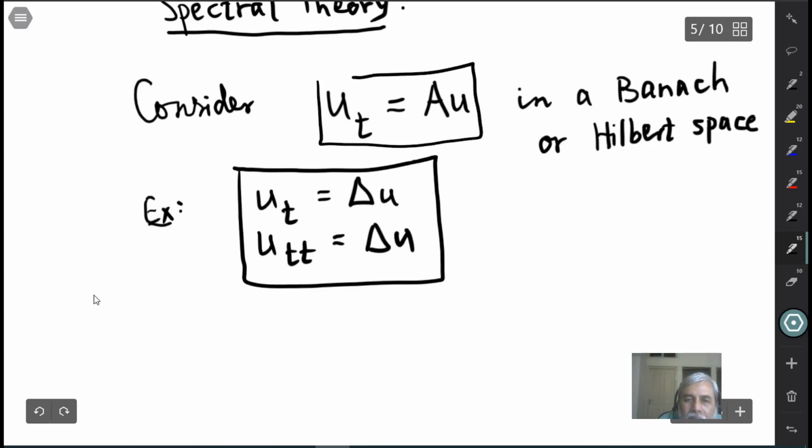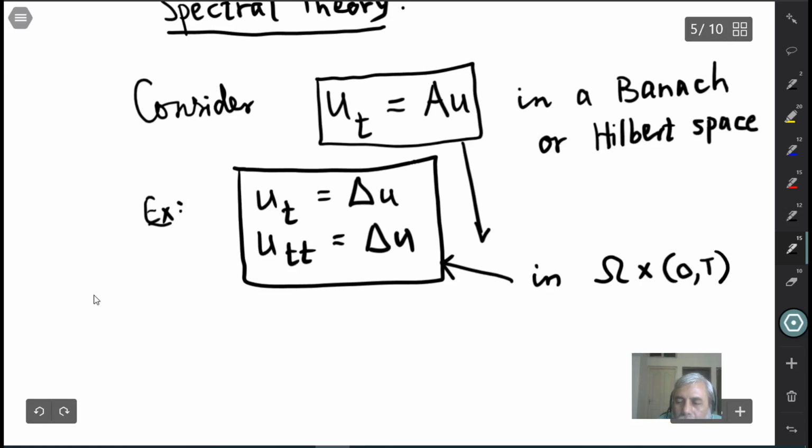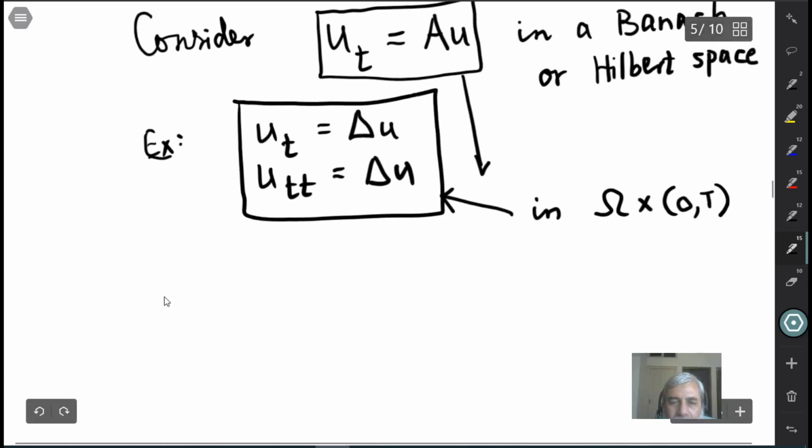Okay, and we want to study this one in some domain, bounded domain or unbounded domain, in R^n and in some time interval. Okay, the standard procedure of proving existence, uniqueness and continuous dependence on solutions.